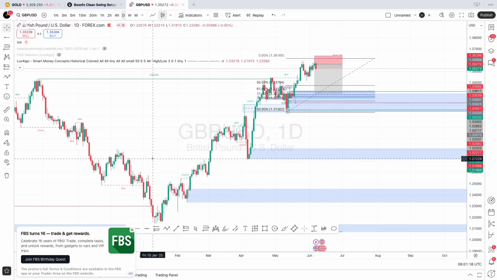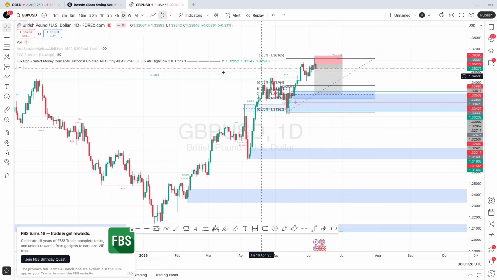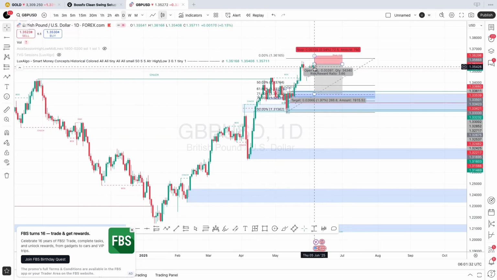Now let's see why it would act on it. We've seen that it's on a bullish trend, and at this point, price is looking to give a pullback, a retracement.